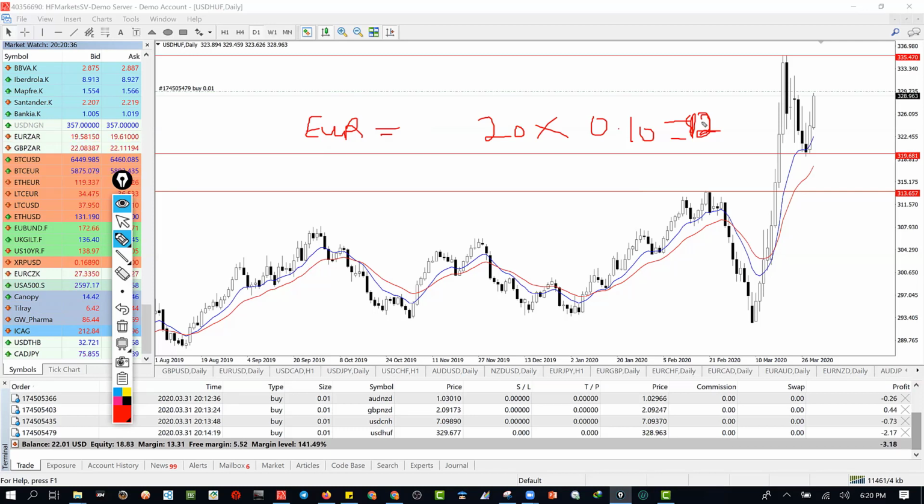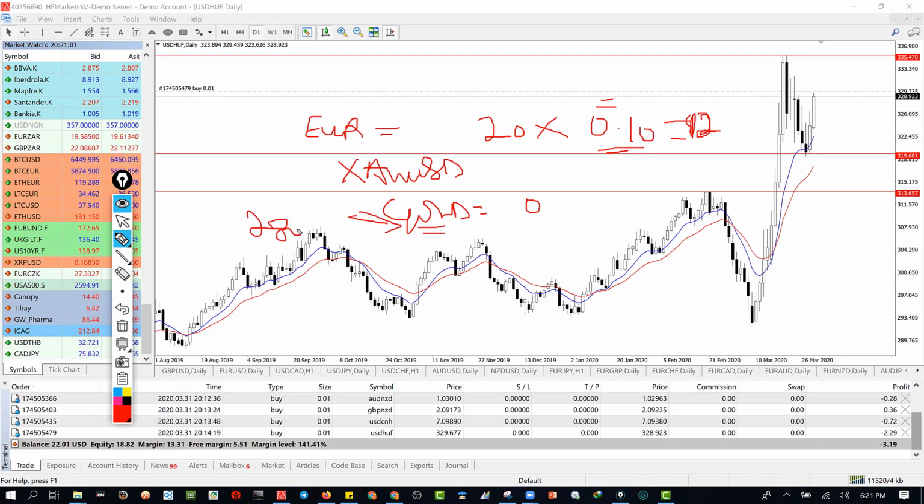So right here, if you want to take a trade on gold, you shouldn't take this type of position size on gold because of the spread right here. I think the spread is around 250.